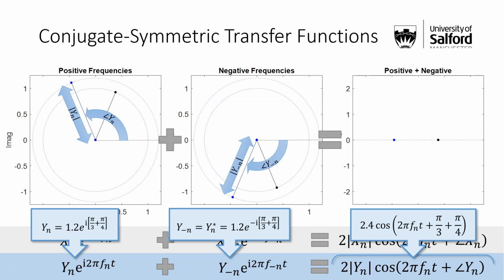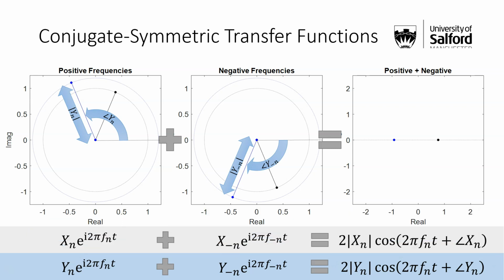Where things get really interesting is if we start to think about a transfer function relating x and y. So if you imagine that y is x times h, then h becomes the difference between x and y. So the difference between the black line and the blue line. The phase of h will give a phase rotation.